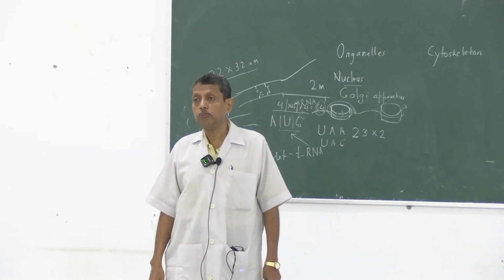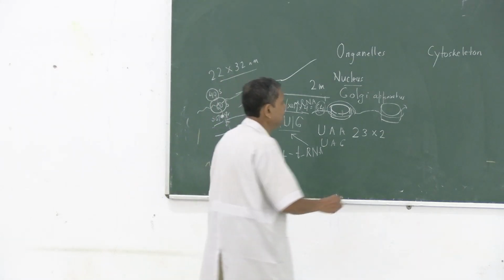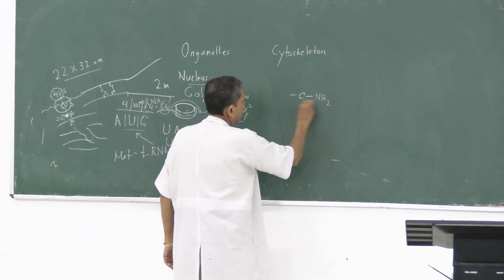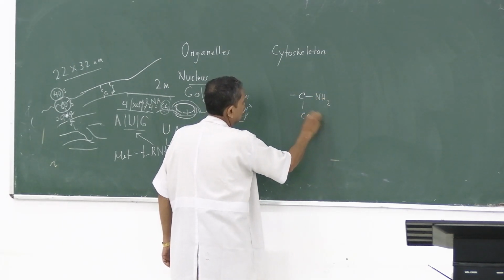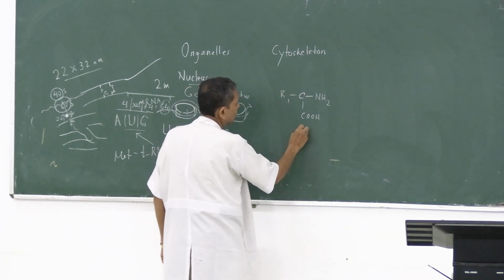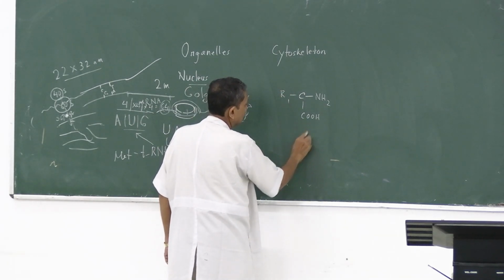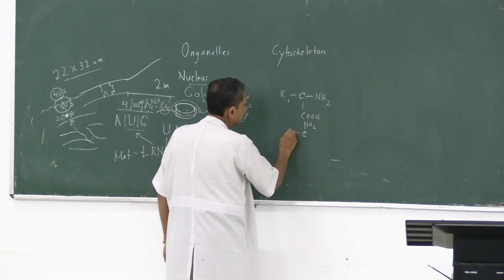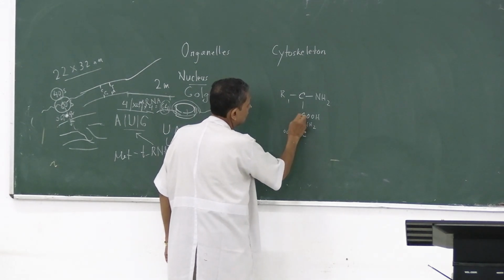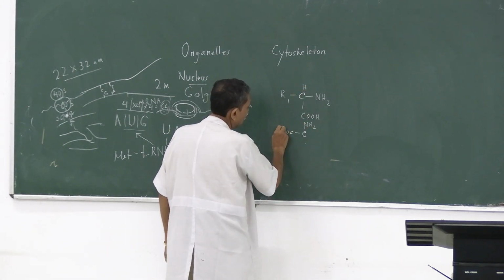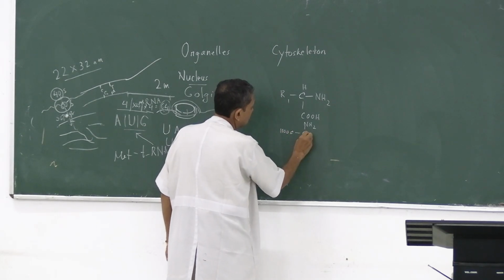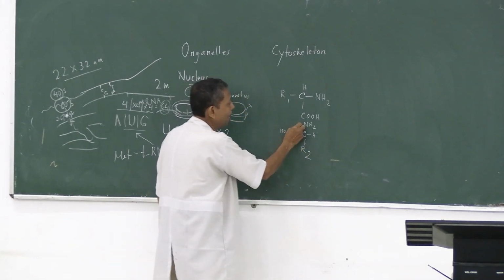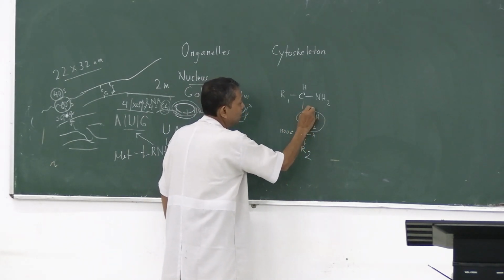Peptide chain, CONH group. In the case of an amino acid, this type of structure it is. And they combine to form the CONH bond.